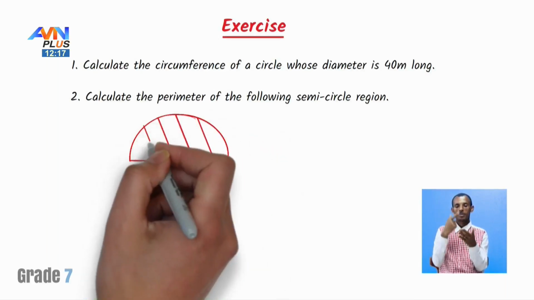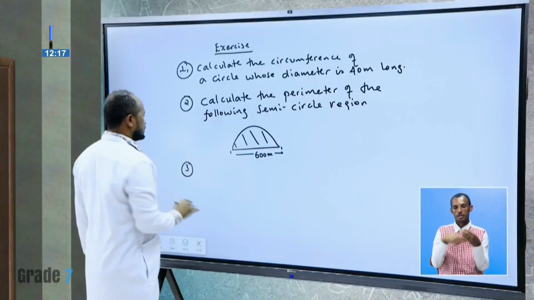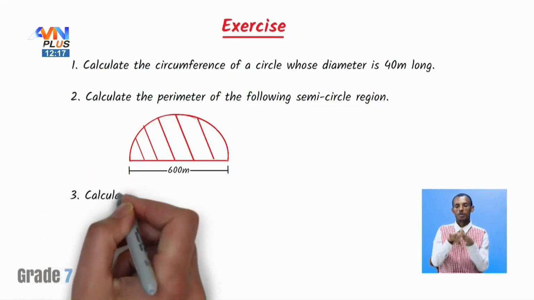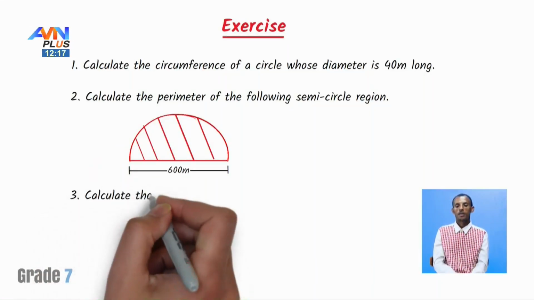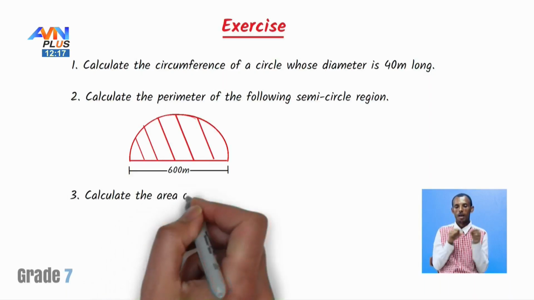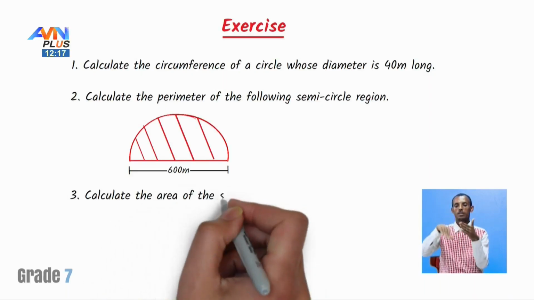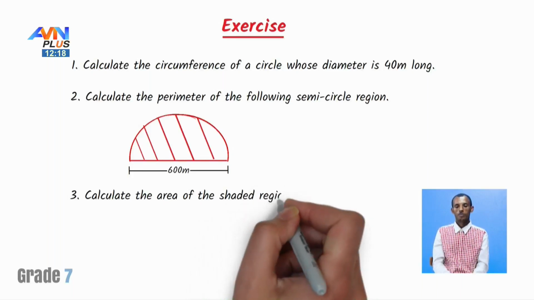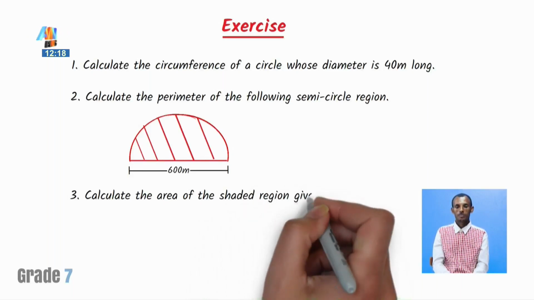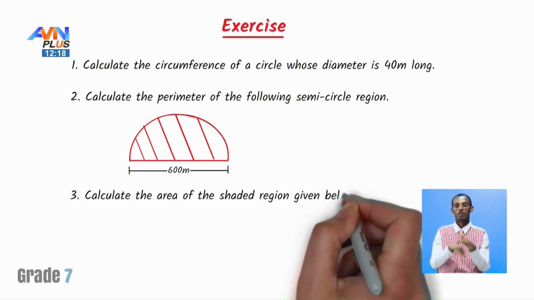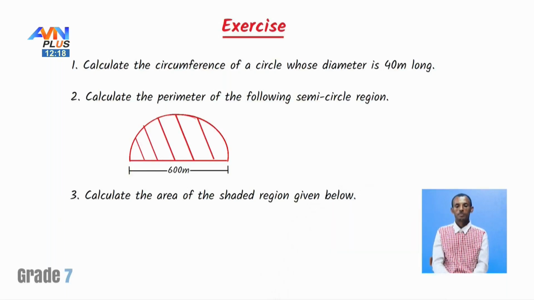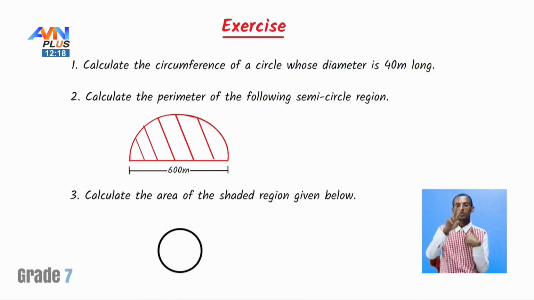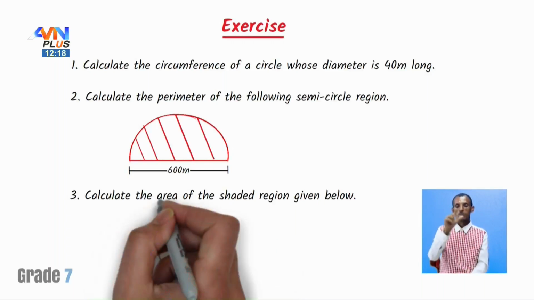One last question. Calculate the area of the shaded region given below. Here you have two circles, the smaller and the bigger circle.